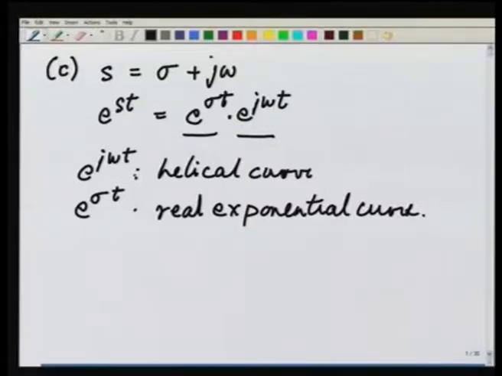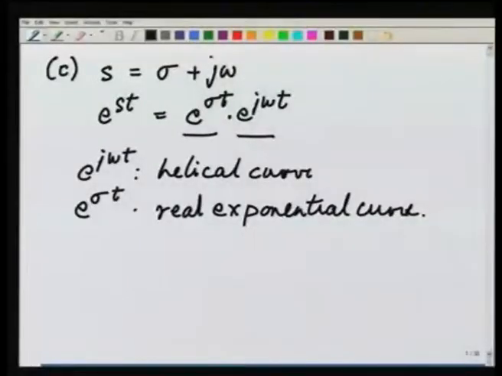It has a handedness given by the sign of omega, right handed for positive omega, left handed for negative omega. What we do with this helix is to multiply it by the real exponential curve, and that will give us the shape of the curve for e to the s t.